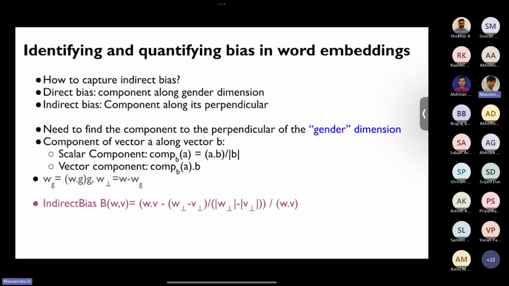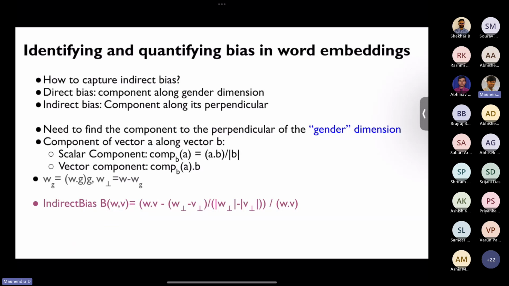Similarly, there is a component which is aligned with the gender component. Suppose the gender component is i, and the perpendicular to it, the non-gender component, is j. Now each word w will have one component in the i dimension, one component in the j dimension. So we need to find the component perpendicular to the gender dimension.